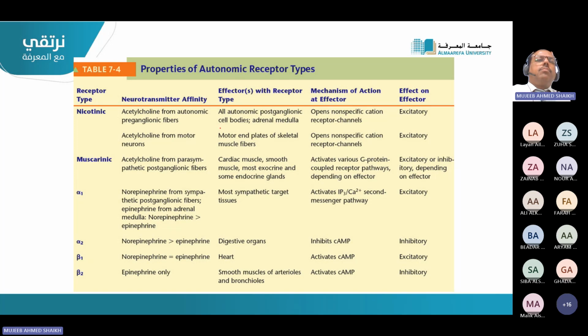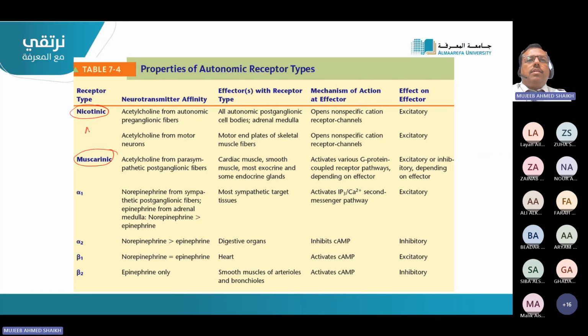When you go to the respiratory block, the effect of autonomic on the respiratory system. So here we will give you a general idea about these actions of the autonomic nervous system on various organs by various receptors.